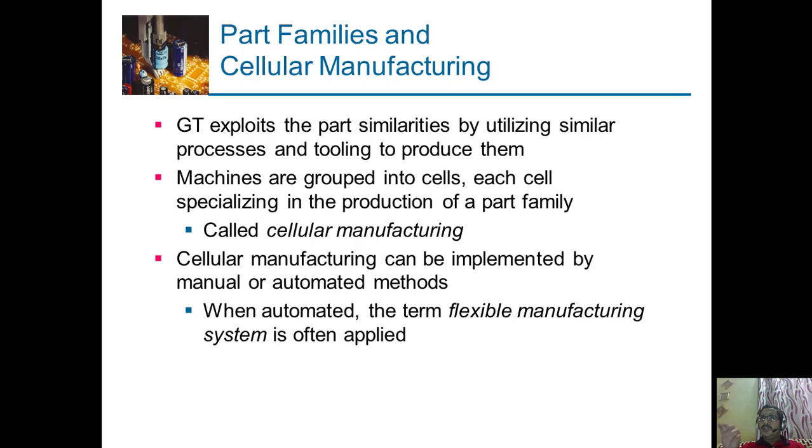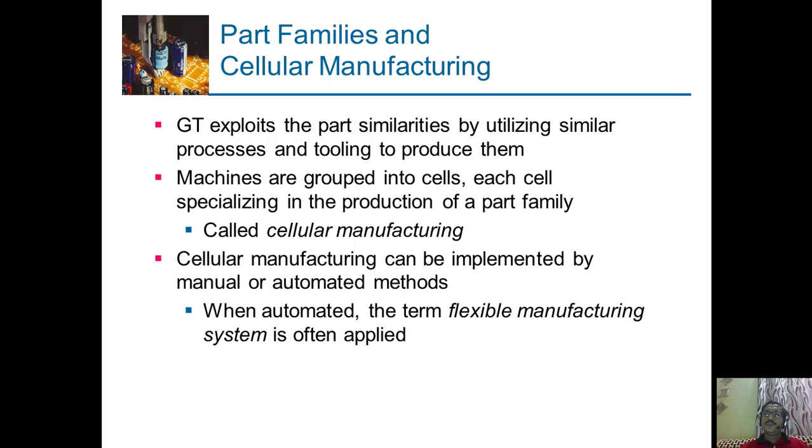But if I group the machines, that is 3 or 4 specific machines which are mandatory for the manufacture of this particular part family, then we can say this is a manufacturing cell, and from that the concept of cellular manufacturing came. Cellular manufacturing can be implemented by manual or automated methods.